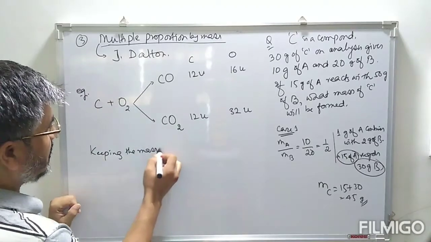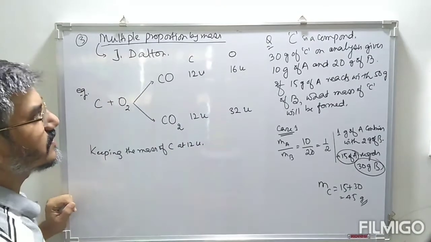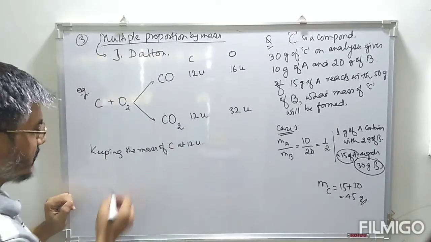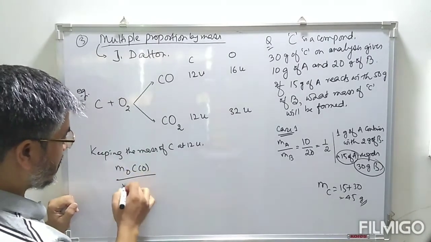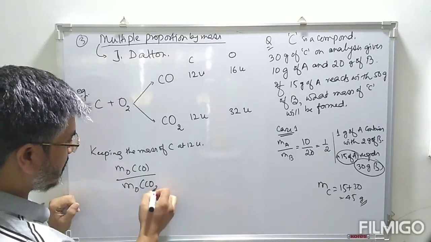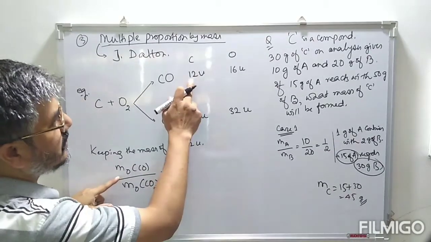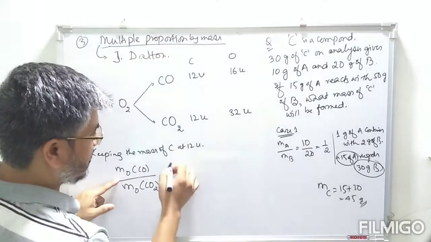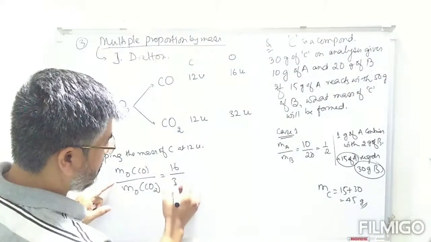Now, look at this. Keeping the mass of carbon at 12 u, we take the mass ratio of oxygen in carbon monoxide to oxygen in carbon dioxide. 12 units of carbon requires 16 in the first, and in the second, 12 units requires 32.